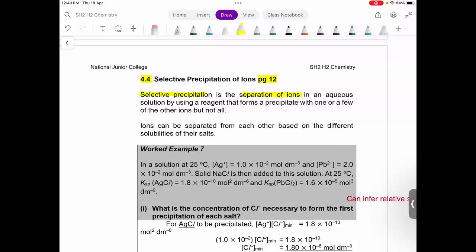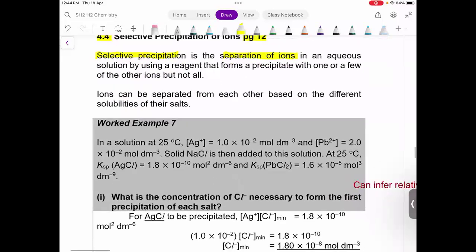Because there's more than one, you need to physically separate them. I physically separate them by carrying out a filtration. One ion will be captured as a residue on the filter paper. The other ion will flow through as a dissolved solution, the filtrate. That's how we physically separate them.